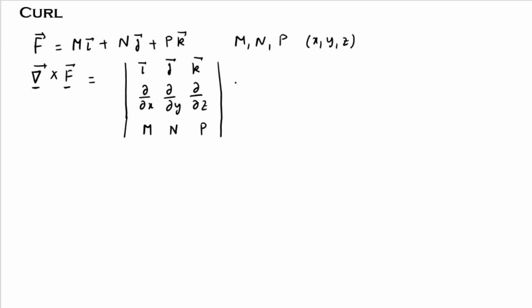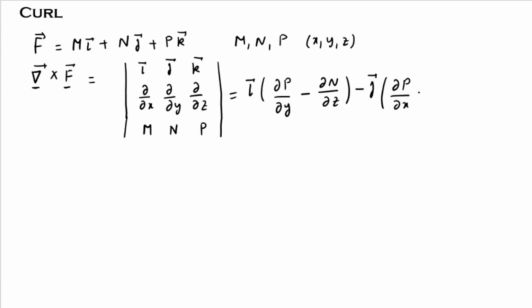Now we evaluate the determinant. i times dou p by dou y minus dou n by dou z, minus j times dou p by dou x minus dou m by dou z, and then finally we have the k component: dou n by dou x minus dou m by dou y.